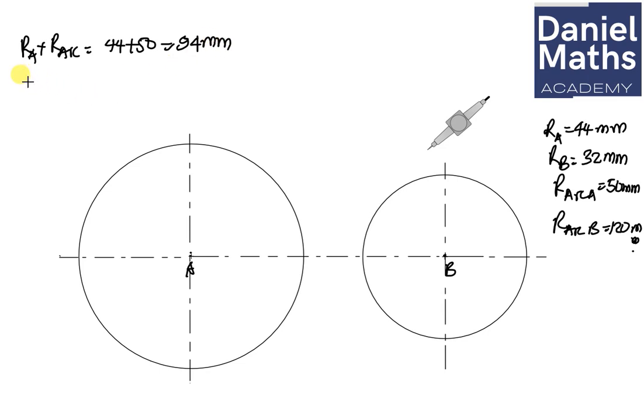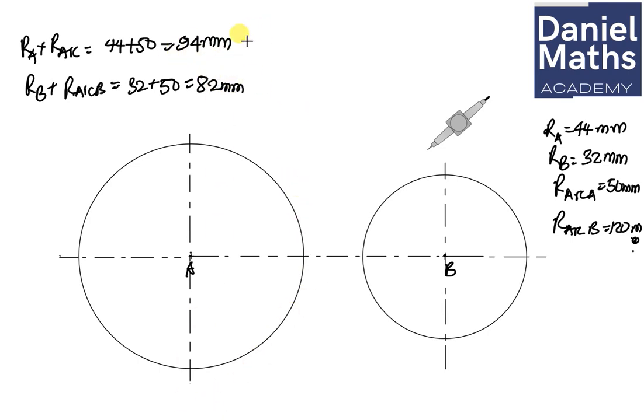And then a similar thing, radius of B plus the radius of arc, that's 32 plus 50, which is going to give us 82 millimeter.